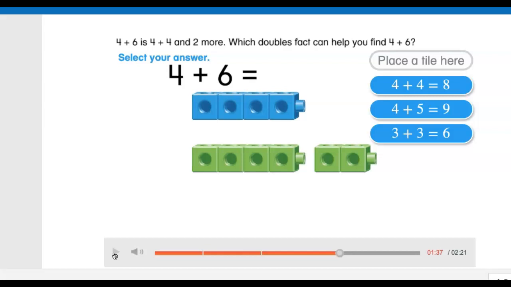Which doubles fact can help you find 4 plus 6? Is it 4 plus 4 equals 8? 4 plus 5 equals 9? Or 3 plus 3 equals 6? Which doubles fact can help us find 4 plus 6?